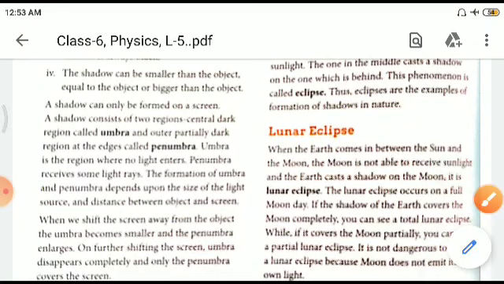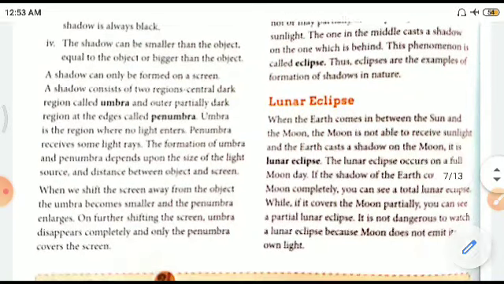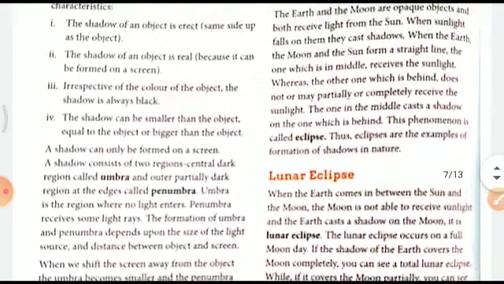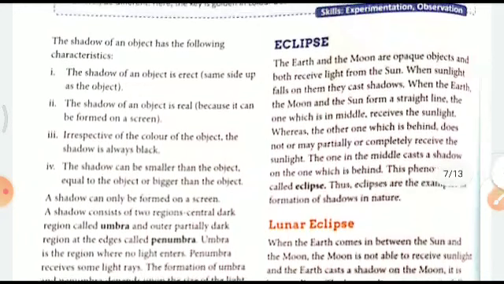The formation of umbra and penumbra depends upon the size of the light source and distance between the object and the screen. Children, you will be surprised to know that the eclipse occur due to umbra and penumbra, right? Now earth and moon are opaque objects. Both receive light from sun. When sunlight falls on them, they cast shadow.